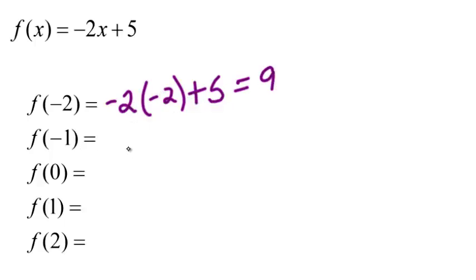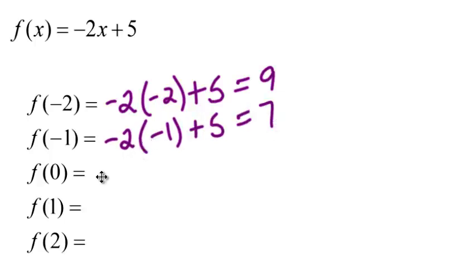F of negative 1 is negative 2, and I put a negative 1 in place of x, plus 5, and that equals 2 plus 5, which is 7. F of 0 would be negative 2 times 0 plus 5, and so that should give me 5.